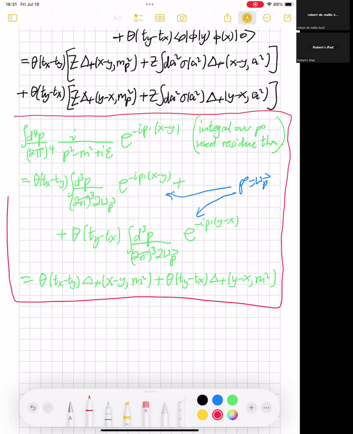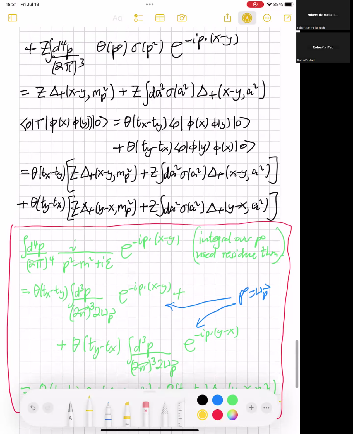When you see this particular form appearing, a theta with a Δ_+ and a theta with a Δ_+, so let's put a red box around this, you know that it can be written as an integral d^4p over (2π)^4 of i over p² minus m² plus iε.